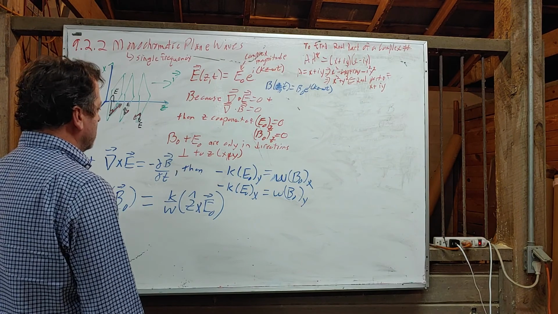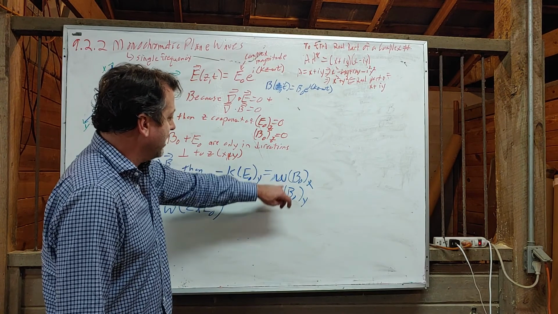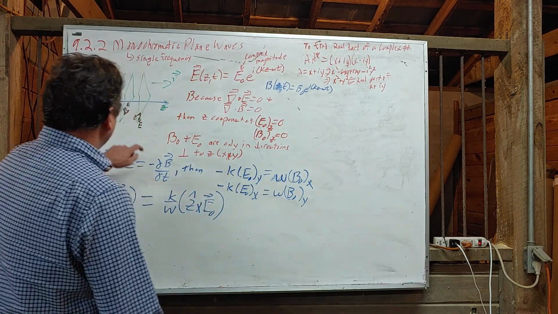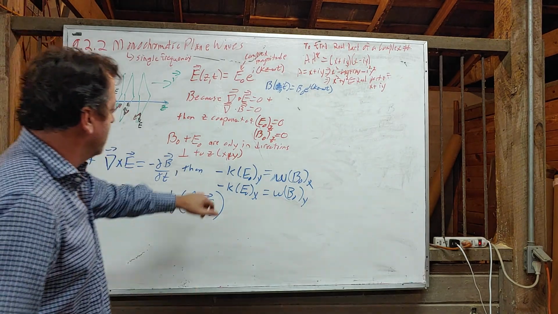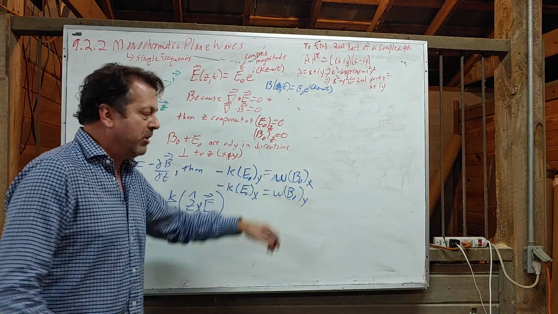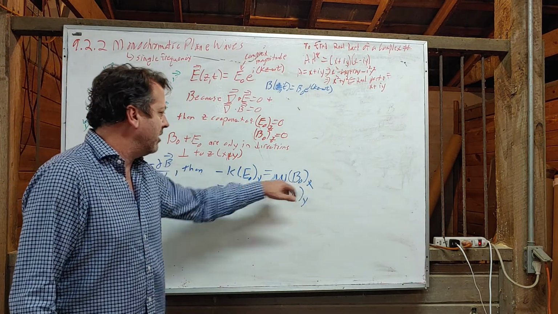Interesting. Because there's an omega relationship here, as one gets bigger, the other one gets bigger. Now you don't know by how much, because this right here relates the magnitude. That's a multiplier.